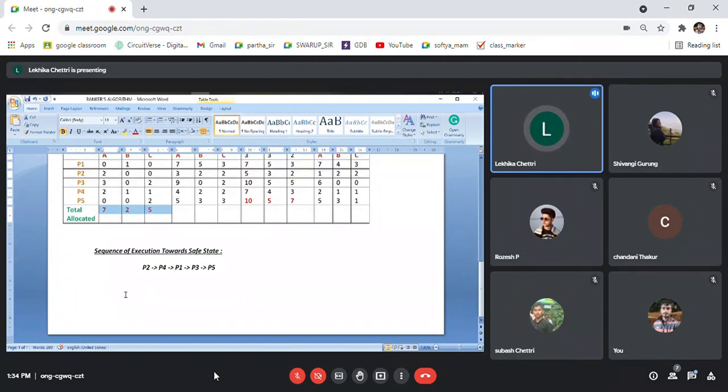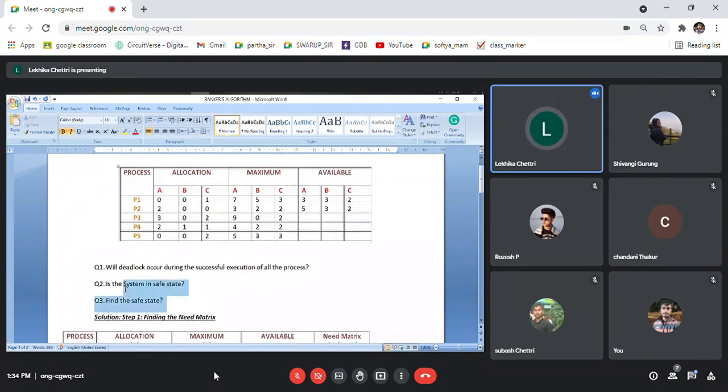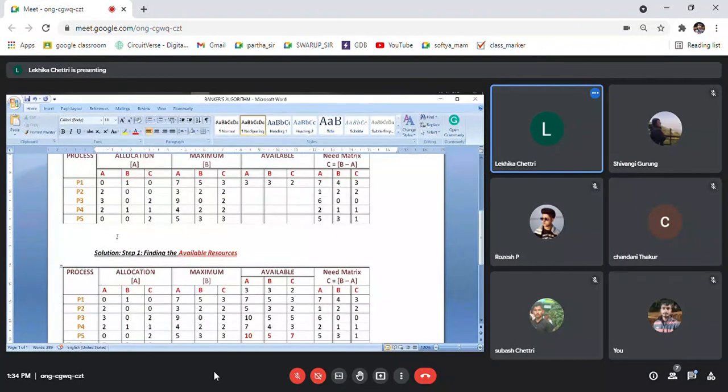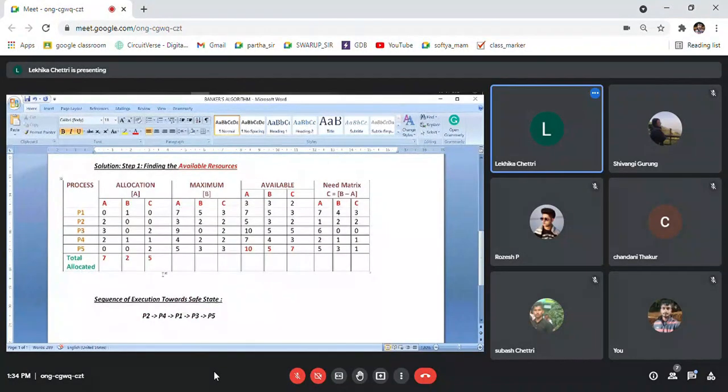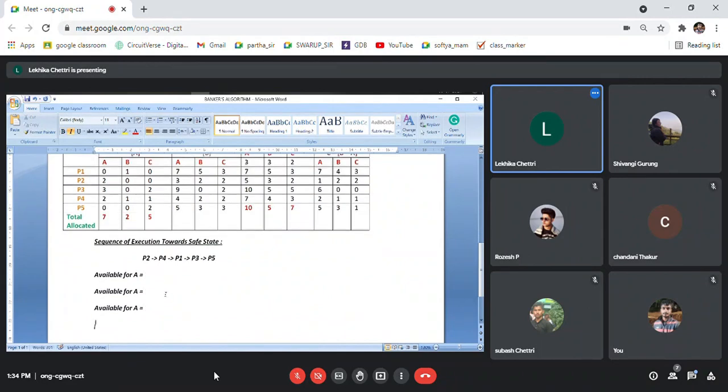Okay, so now let's see here. Let me try to fit this on one page. So to check your answer, available for A equals to... Now see here carefully.